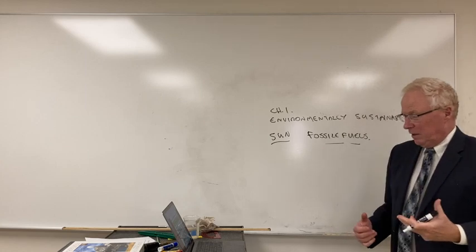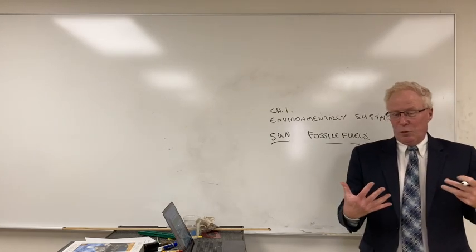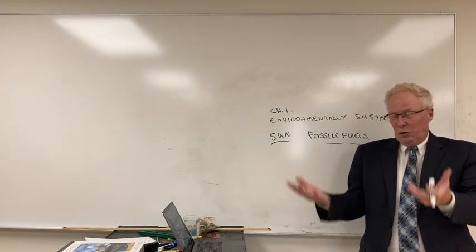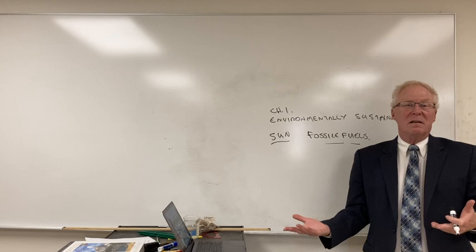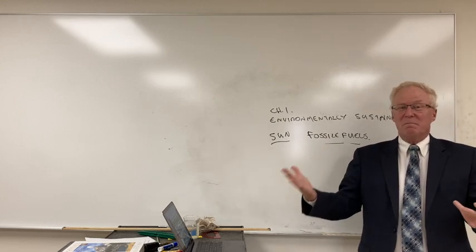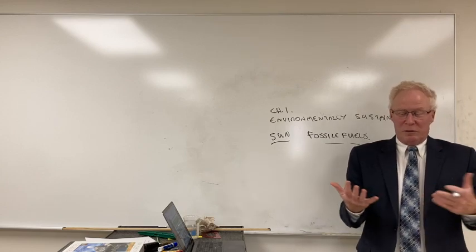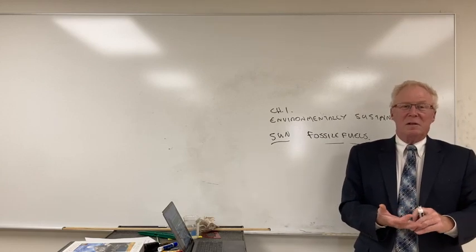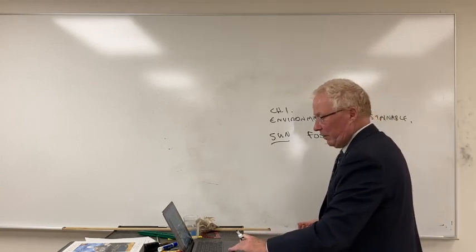So sustainability means that we're able to utilize energy and resources without depleting them. Currently, we're heading towards a case of massive depletion at the rate we're using, whether it's fossil fuels, minerals, and other resources. So that's what we talk about there.